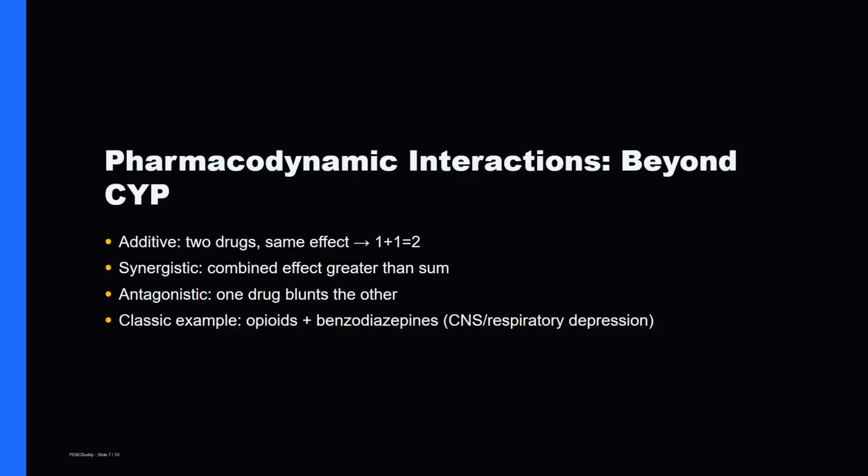Antagonistic interactions occur when one drug opposes the effect of another. Naloxone reversing opioid effects is a pharmacodynamic antagonism. The opioid-benzodiazepine combination is a critical safety example. Both depress the CNS, and together they dramatically increase respiratory depression risk. The EE loves these real-world safety scenarios.